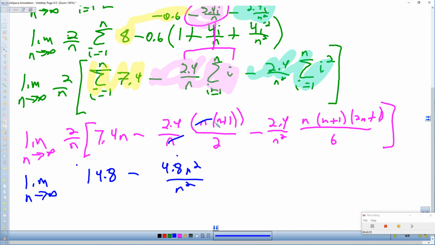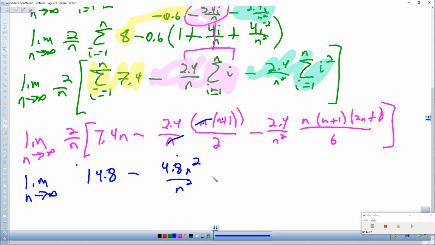That way I'm doing n times n to get n squared on top. I tried to undo the cancellation so you don't see too much of it. Shouldn't it be 4.8 just to cancel it? Yeah, that makes sense. Where does the plus 1 go? Remember, is that going to affect it if n goes to infinity? No, it's not affecting our problem at all, because that's going to cancel away.